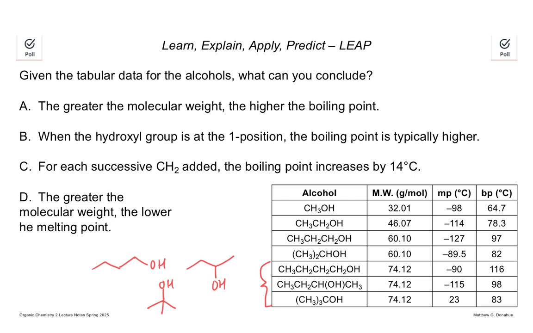You can see that we have primary, secondary, and tertiary. I think the best fit for this is choice B. When the hydroxyl group is at the 1 position, the boiling point is typically higher.